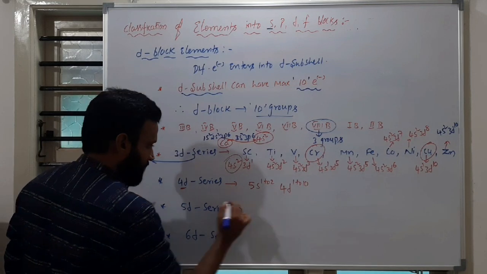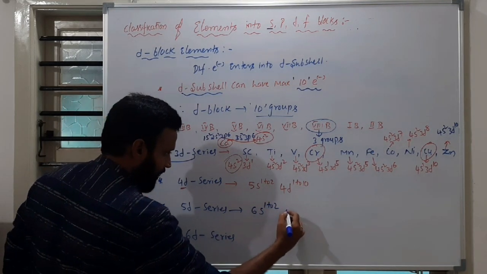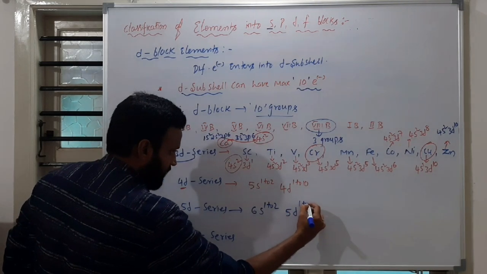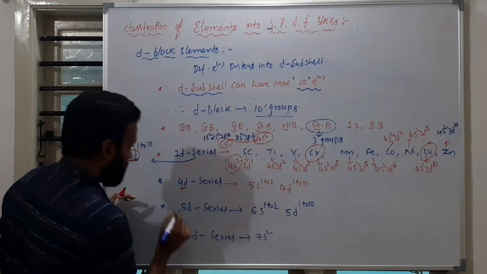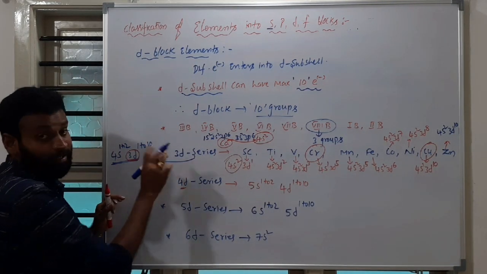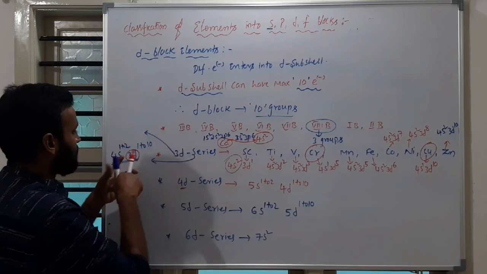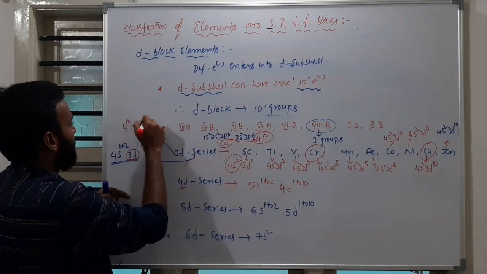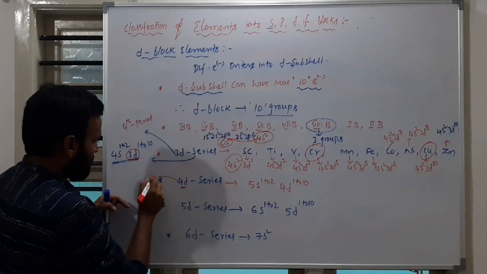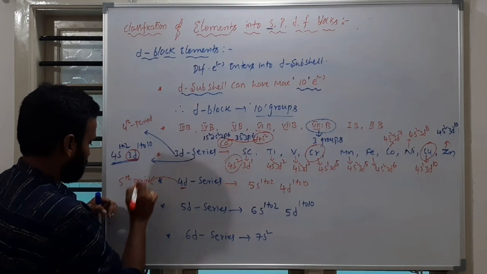And 5d series means here 5, here 6s. 6s1 to 2 and here 5d1 to 10. Here 7s2, because the 3d series comes in the 4th period. Remember this. 3d series comes in which period? The 3d series comes in the 4th period. The 4d series comes in the 5th period. You can check once.